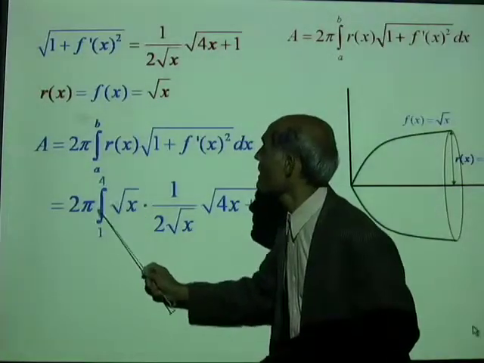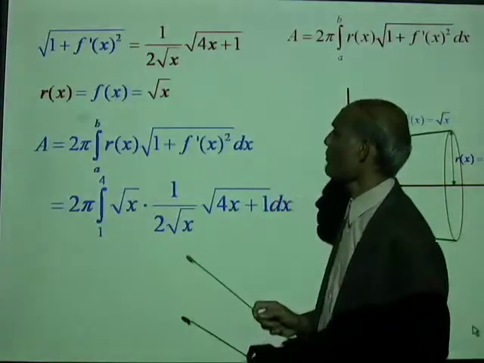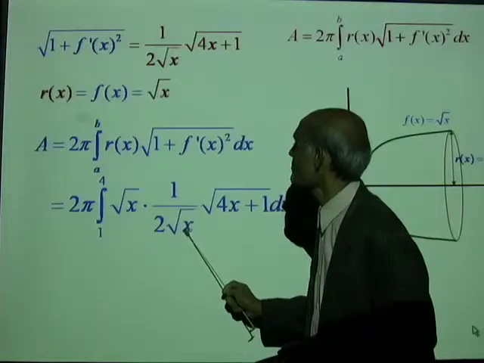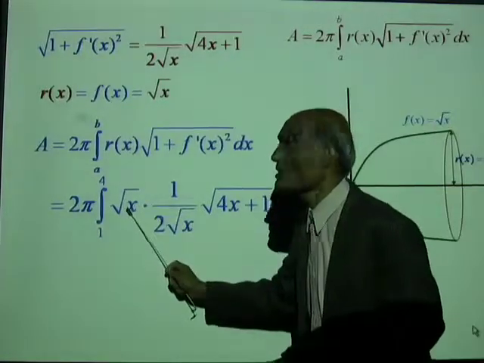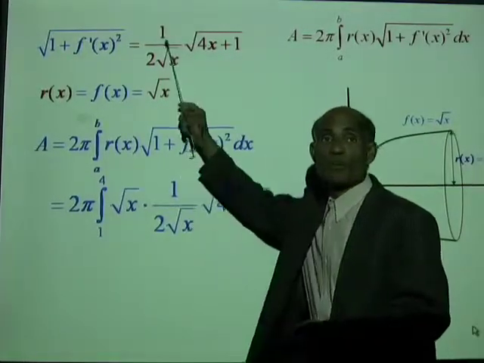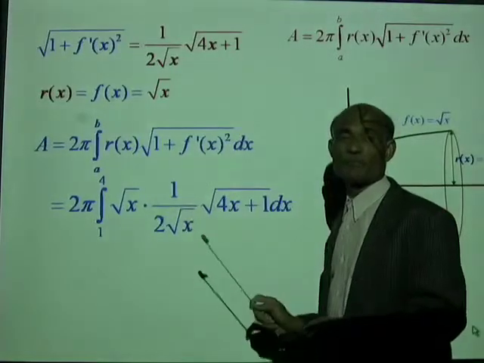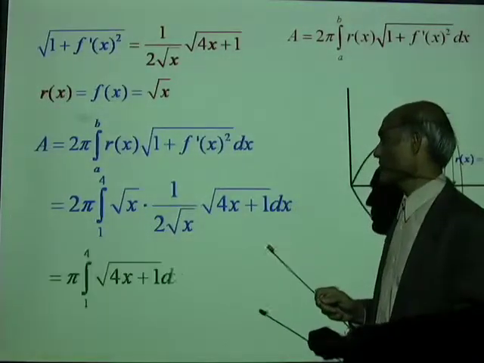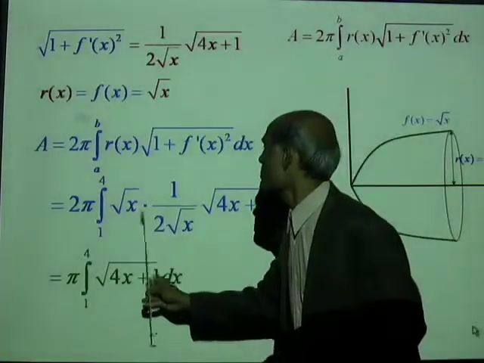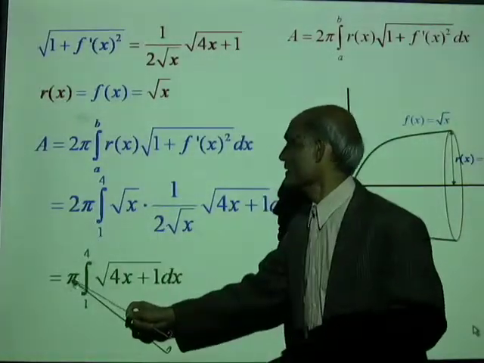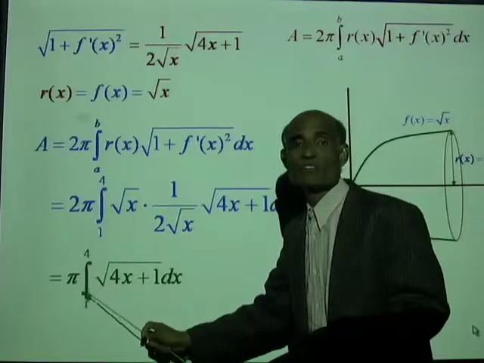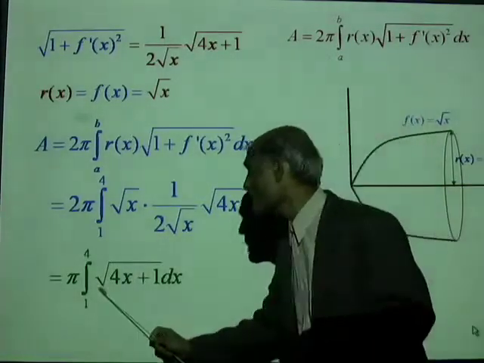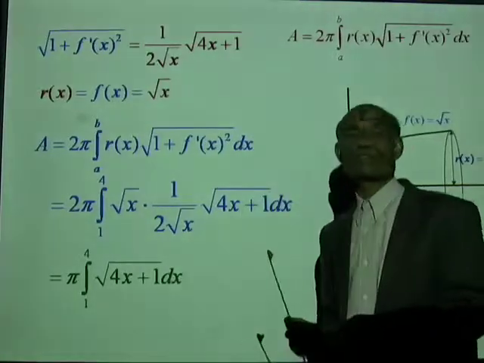That would be 2 pi integral 1 to 4 of 1 over 2 square root x, well, r of x is square root of x, times this quantity. And you can see square root x and square root x will cancel, and the 2 and that 2 will cancel, leaving us pi integral 1 to 4 of square root of 4x plus 1 dx.